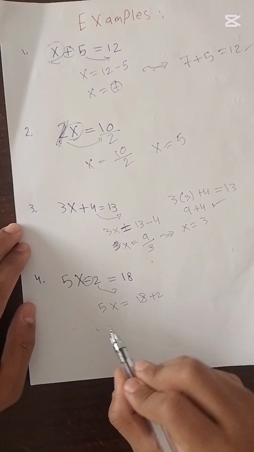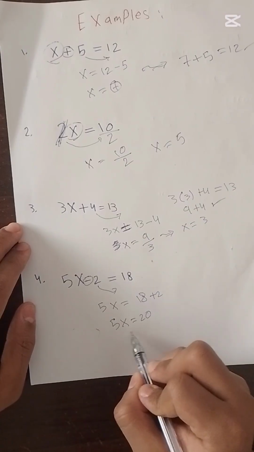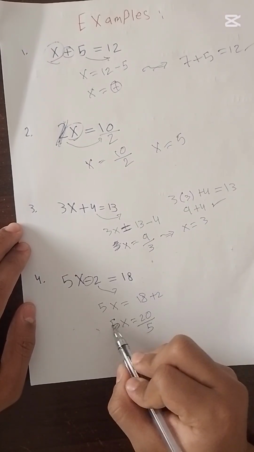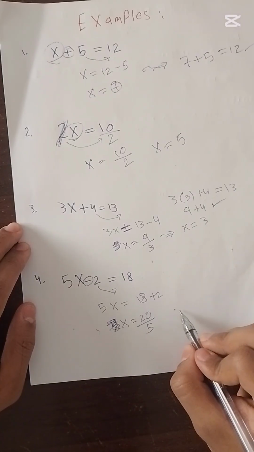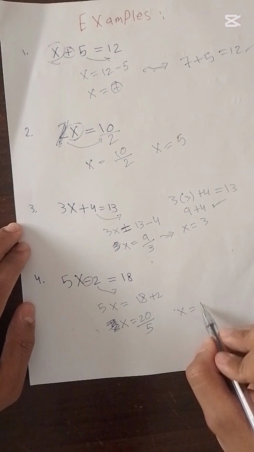So 18 plus 2 is 20, and 5x equals 20. Move 5 to the other side and cancel it out. So x equals 20 over 5, which is 4.